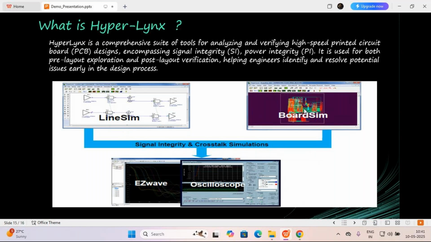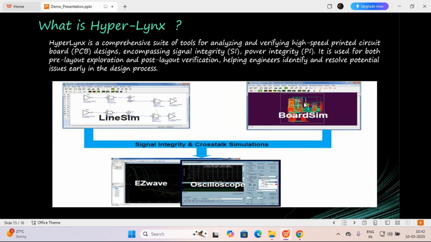Once your layout is done, then you can use the tool called BoardSim. You can import the whole PCB board over here, and you can perform the simulation over here. So BoardSim gives you more accurate data, because it is performing it on an actual real PCB board, which in future will go for fabrication.